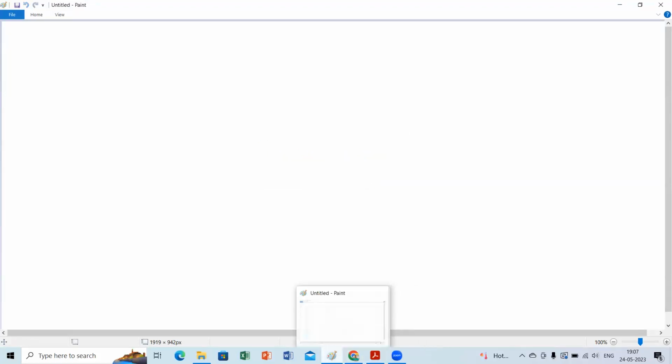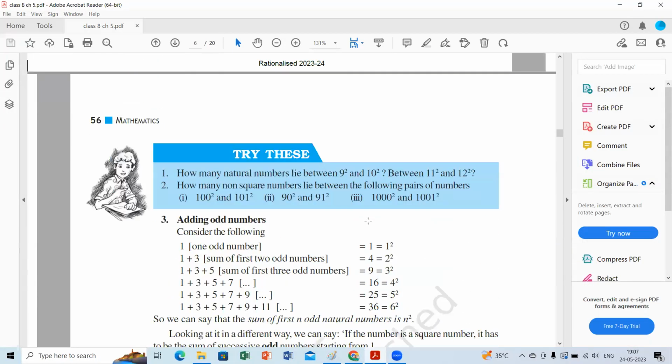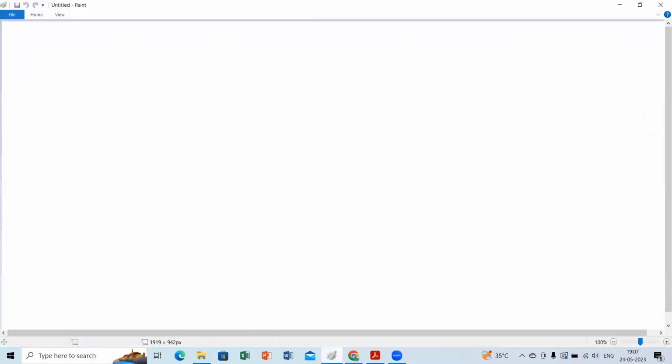Now, coming back, there are other patterns we discussed. How many non-square numbers lie between the following pair of numbers, 90 square and 91 square? 180. Very good.